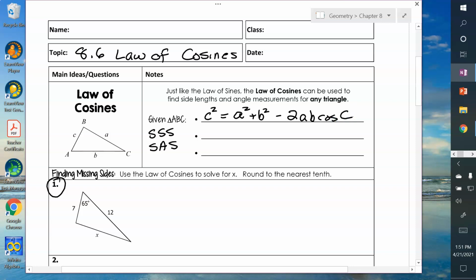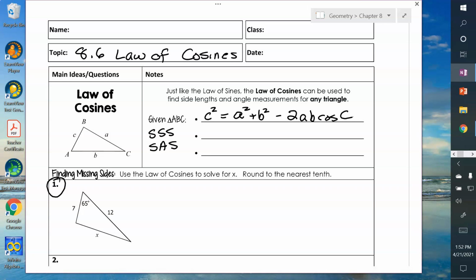I want you to notice that this looks a lot like the Pythagorean theorem. In fact, if angle C was 90 degrees and you plugged in 90 for cosine of C, this term on the end would drop out and you would be left with just Pythagorean's theorem. So I think of Pythagorean's theorem as a special case of Law of Cosines.